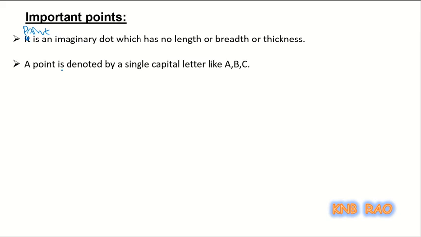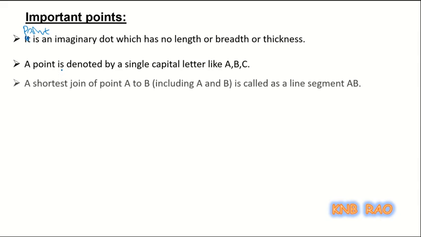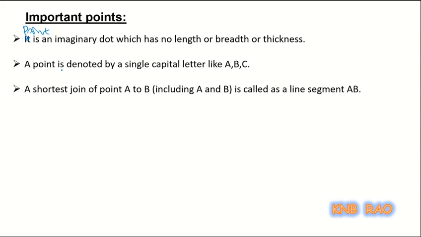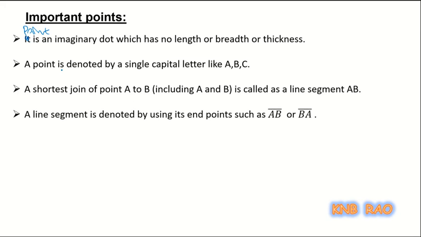A point is denoted by a single capital letter like A, B or C, etc. The shortest join of point A to B, including A and B, is called a line segment AB. A line segment is denoted by using its endpoints such as AB or BA.